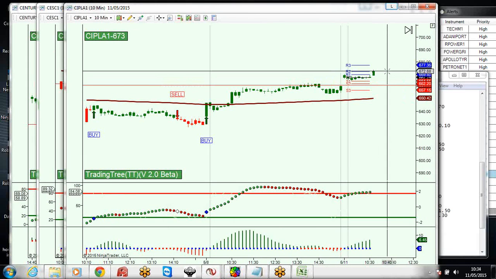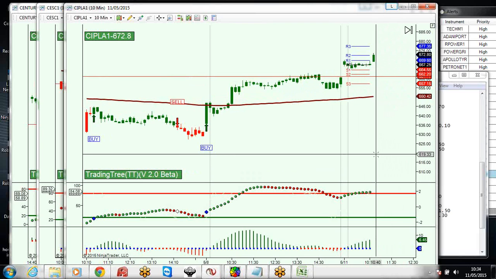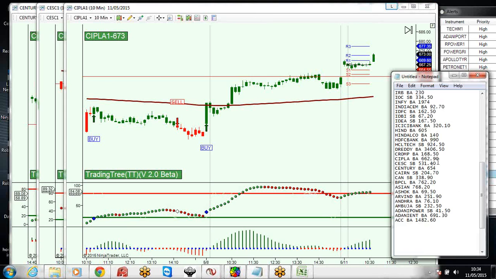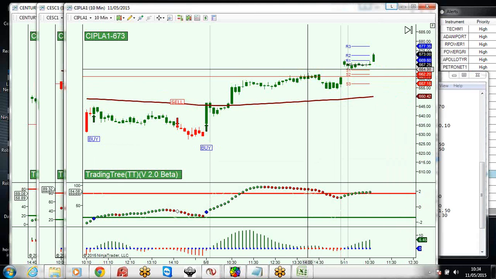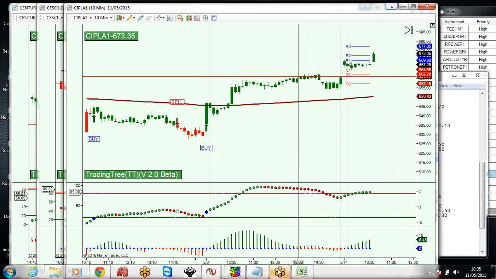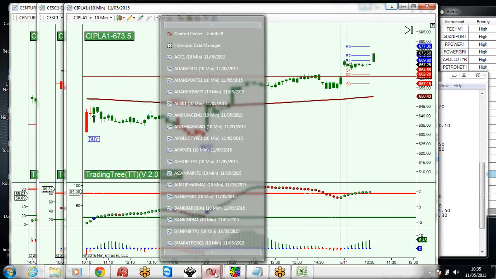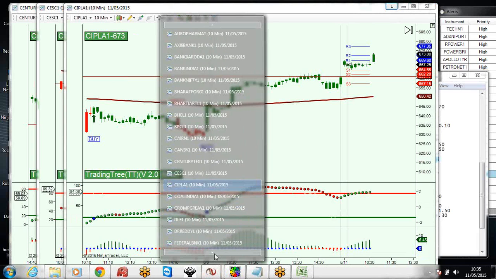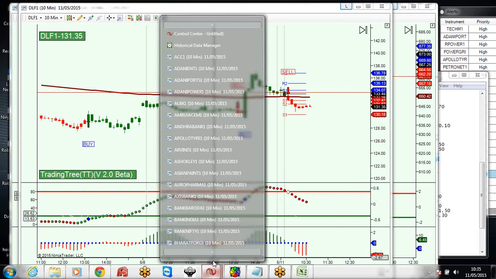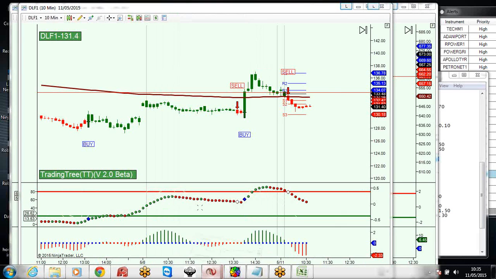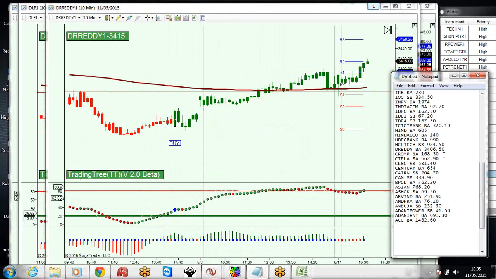Supply has already done its R2. So Dr. Reddy, the call is triggered. 3406 was our buy price. Now it's at 3415.